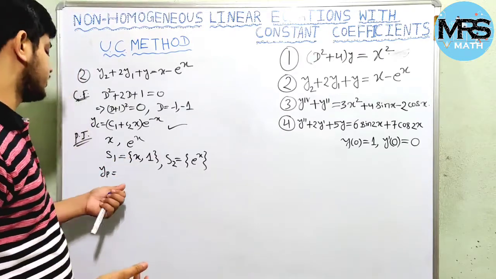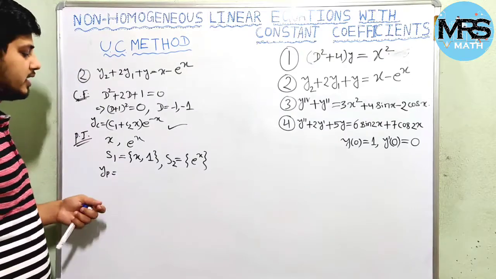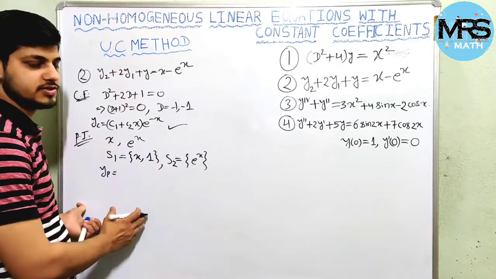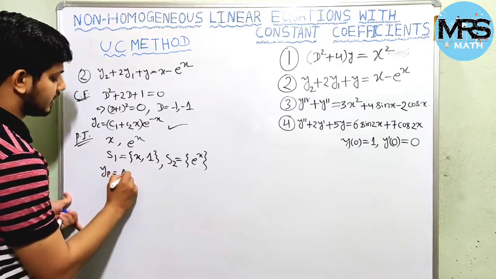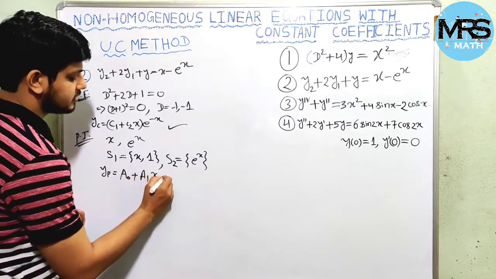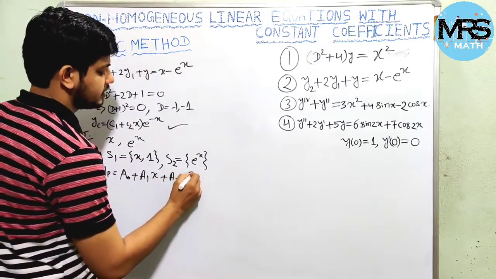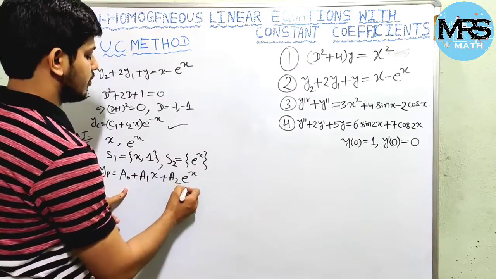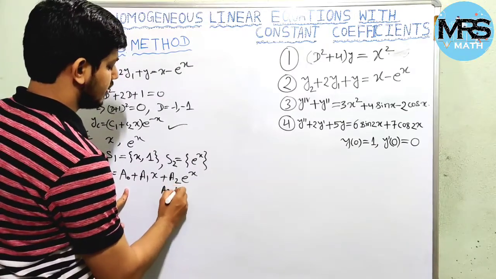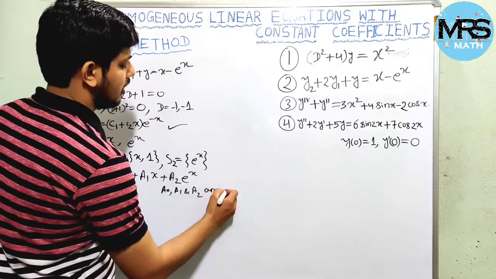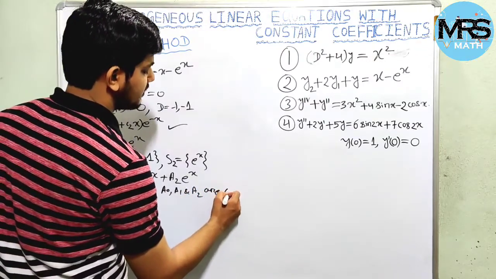Directly we can proceed to step 3 where we take the linear combination of these sets, okay? So that means we can write a0 plus a1x plus a2 e to the power x, okay? Now here a0, a1 and a2 are undetermined coefficients, okay?